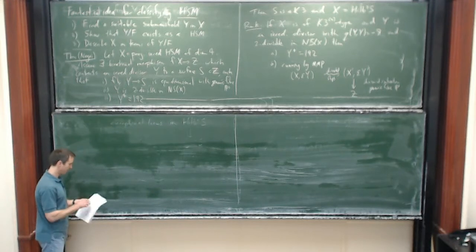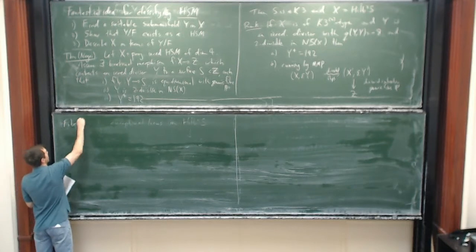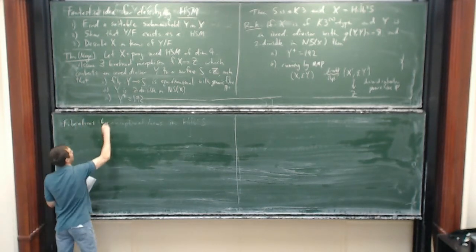So I want to describe one example where we get this. This is where we look at Lagrangian fibrations by Jacobians.